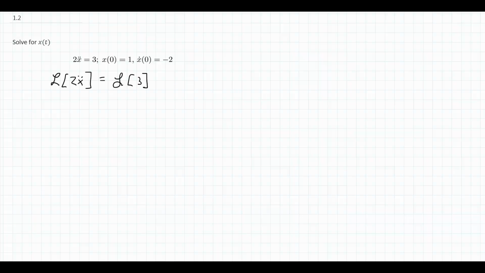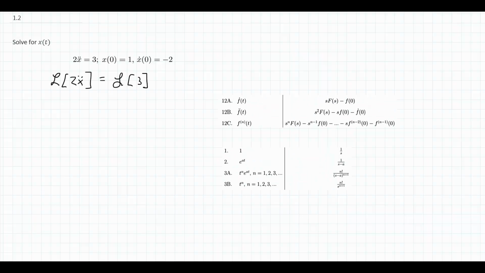So we want to look at our Laplace transform table so that we know how to go from the time domain into the frequency domain. I pasted in the relevant portions of the Laplace transform table with these listed here.